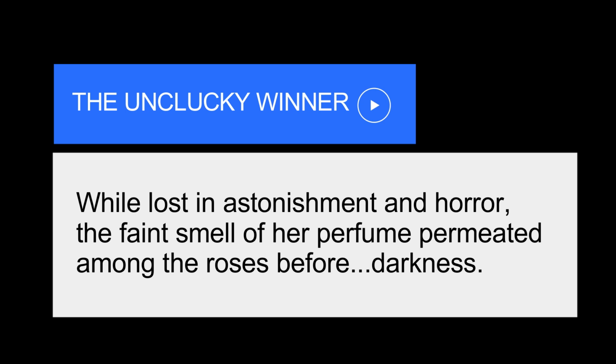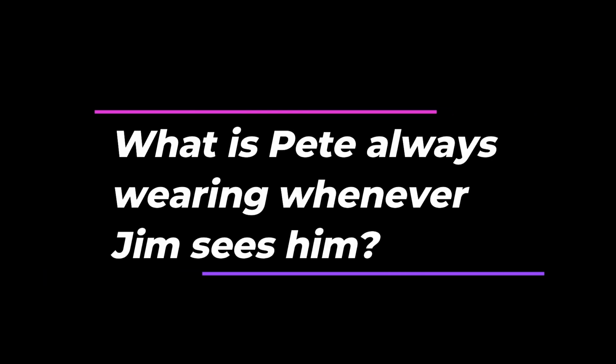That is a very short story, but would sure make a reader critically think on its message and content. Now let us try to closely analyze the literary piece by answering a few questions. What is Pete always wearing whenever Jim sees him? Well, he's always wearing a soiled red hat.